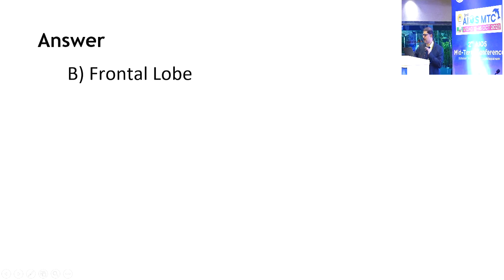Frontal lobe tumors produce papilledema at a later date because they have a lot of place to occupy before producing papilledema. But tumors in the pons and all the other options don't produce papilledema.